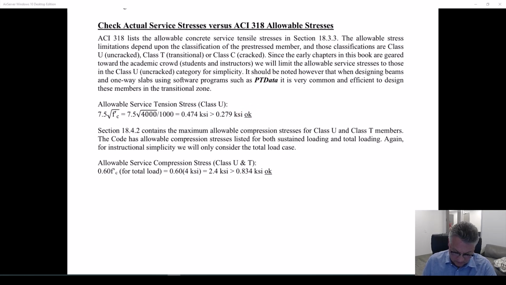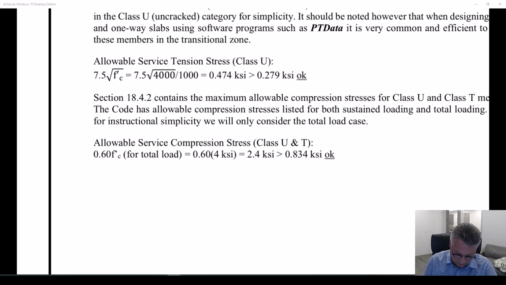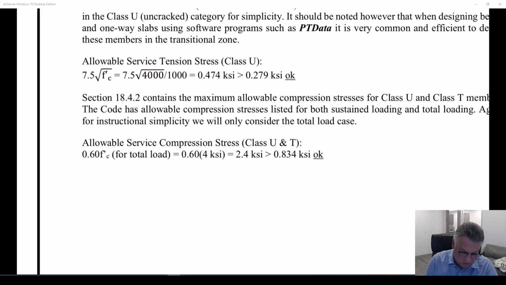Code also says we have a maximum compressive stress for class U and class T. I told you before, in practice you're not going to worry about this much unless you have a very strange, heavily loaded, strange type of design that you're working on. For us, not so strange, but we're in the academic world, so you're always going to check this.